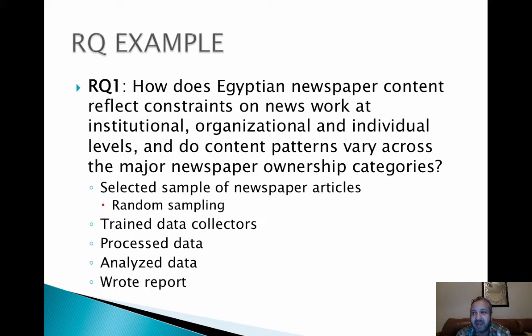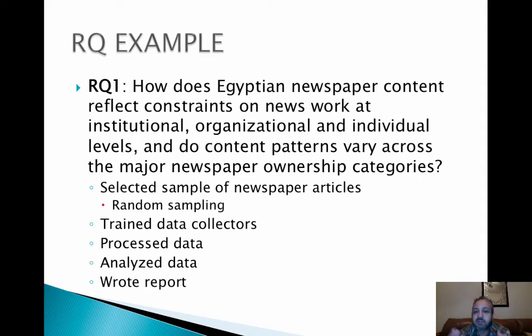I wanted to find out if the constraints would be different at government newspapers, independent newspapers, and also opposition newspapers. Because in Egypt, unlike in the United States where we just have independent newspapers, they have government-owned newspapers, opposition party-owned newspapers, and then the independent, privately owned newspapers as well.